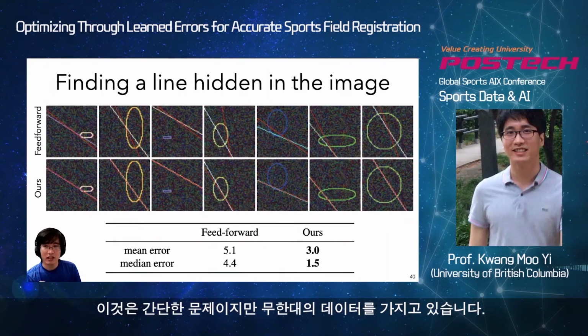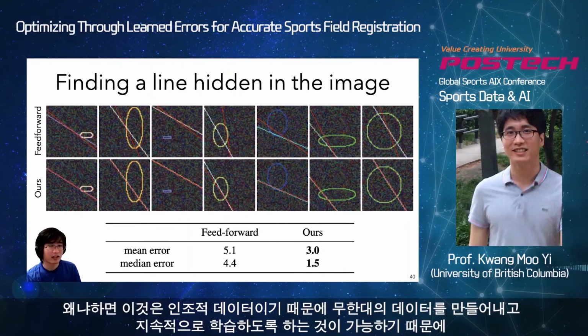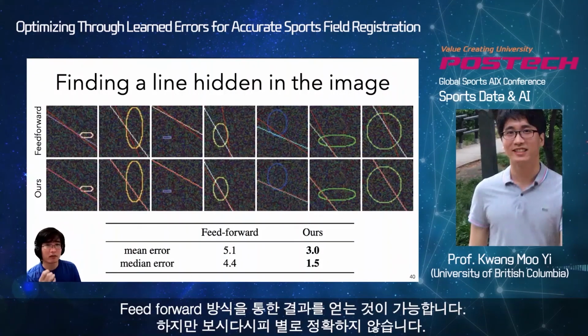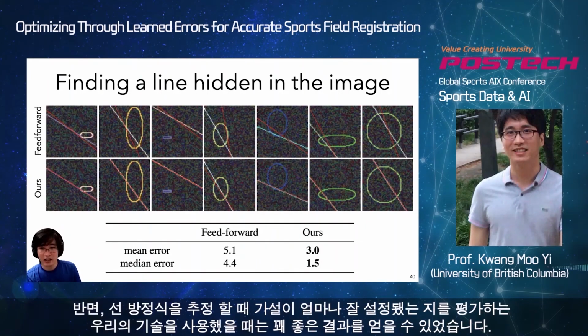And you see that even for this simple problem, with unlimited data, because this is synthetic data, we create unlimited data and let the network train forever, you still get this result with the feed-forward strategy. You see, it's not as accurate. And if you use our technique, which again evaluates how good you're doing in terms of estimating these line equations, you get quite good results.